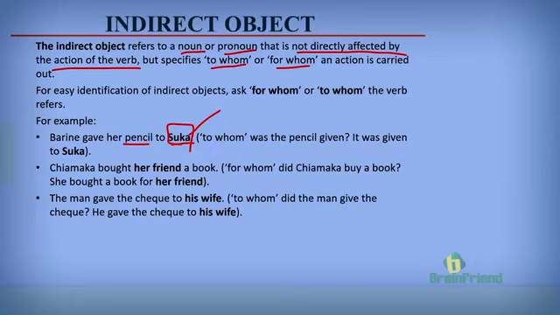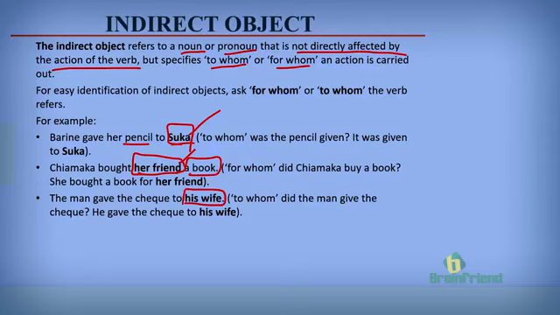A second sentence here says, Chiamaka bought her friend a book. For whom did Chiamaka buy a book? She bought a book for her friend. So her friend here is the indirect object, while a book is the direct object. And lastly, the man gave the check to his wife.